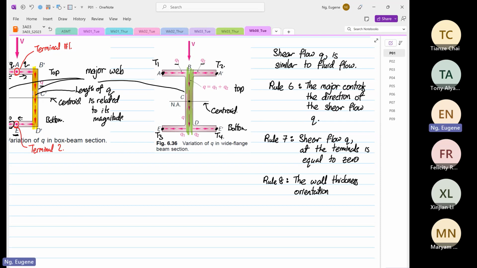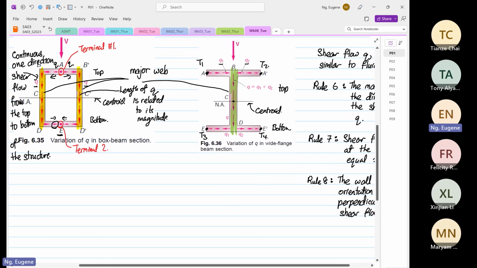The wall thickness orientation is always perpendicular to the shear flow direction. Okay, so you will say, Eugene, what do we mean by that?